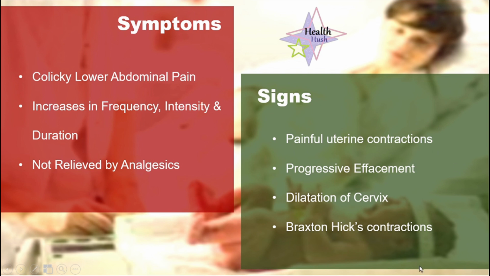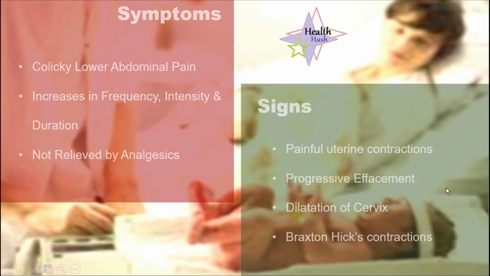But during delivery, the mothers will start to have painful uterine contractions, and it's a sign. They also have progressive effacement, which means the cervix is becoming short and thin, and the cervix also starts to dilate.